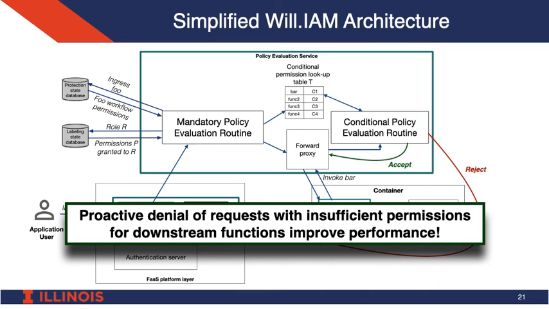In this example, we saw that Will.IAM is able to proactively deny ingress requests based on insufficient permissions for future downstream function executions. Consequently, Will.IAM is able to avoid partially failed execution of workflows and can improve performance by saving compute cycles.